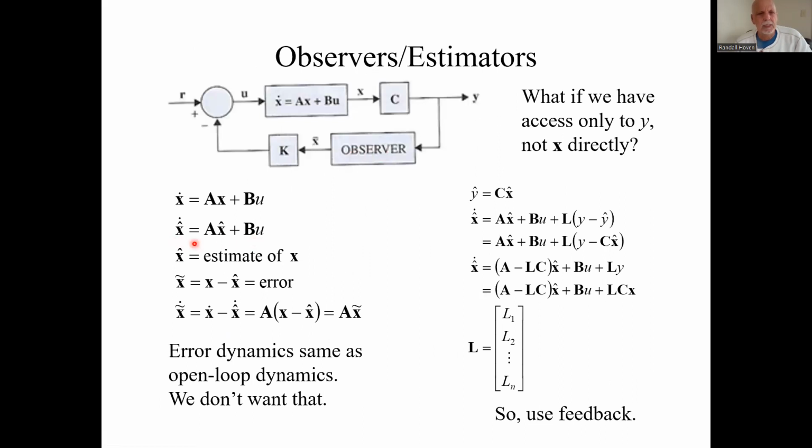Now, it would make sense that the dynamics of the estimate should match the dynamics of the original system. So it would have this type of control system, with A and B, actually the same A and B. But if you did that, the error vector, the difference between the actual X and our estimate of it, would have the same dynamics as the original open loop system.